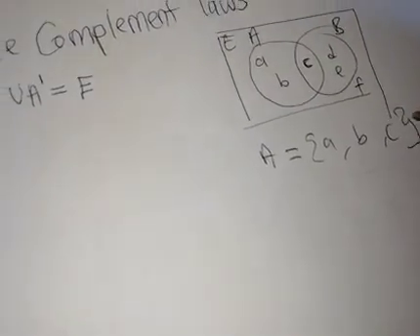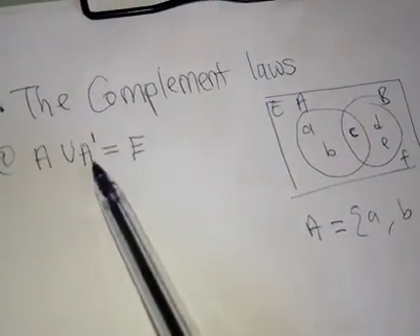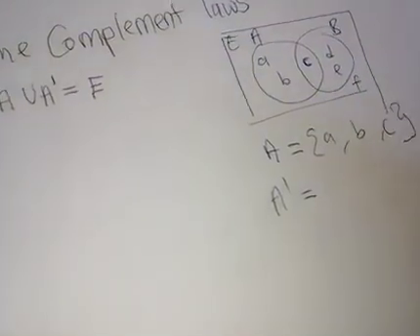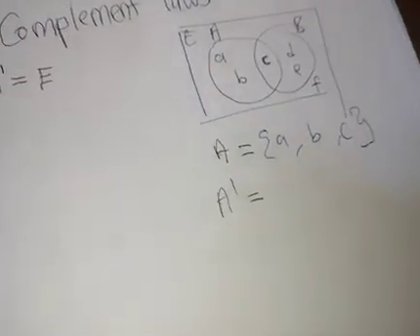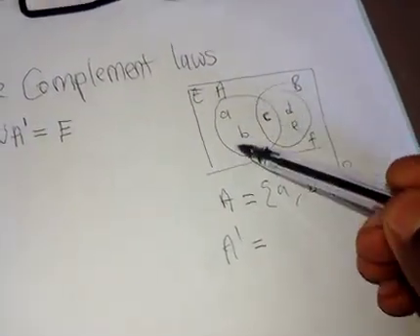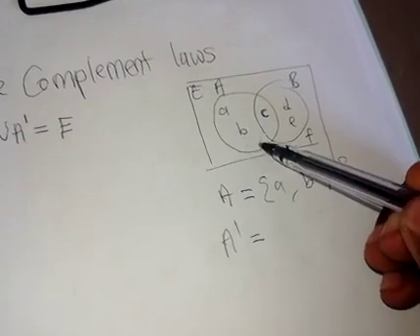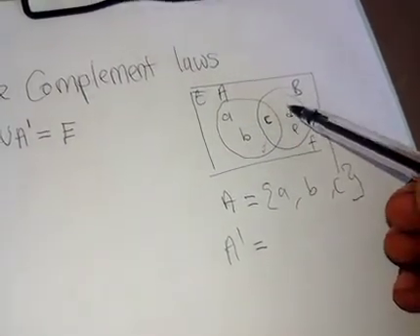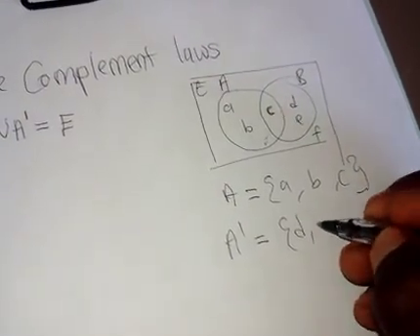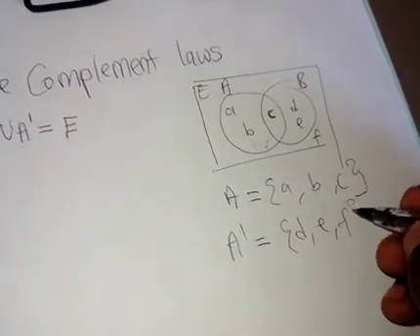Then what is A complement? A complement means all other elements not found in set A. So we exclude set A to find A complement. To get rid of set A, we remain with D, E, F. That's A complement.